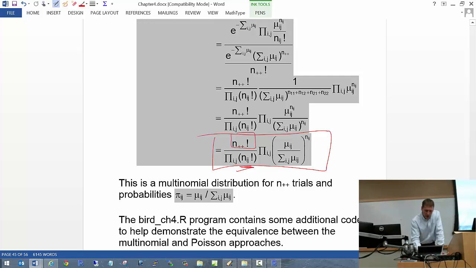And then I take the product of mu sub ij divided by the sum of all the mu's raised to the n sub ij power. Well, how about I just call this guy here pi sub ij. And now that should look just like a multinomial distribution that we saw towards the beginning of chapter 3. That's the proof.